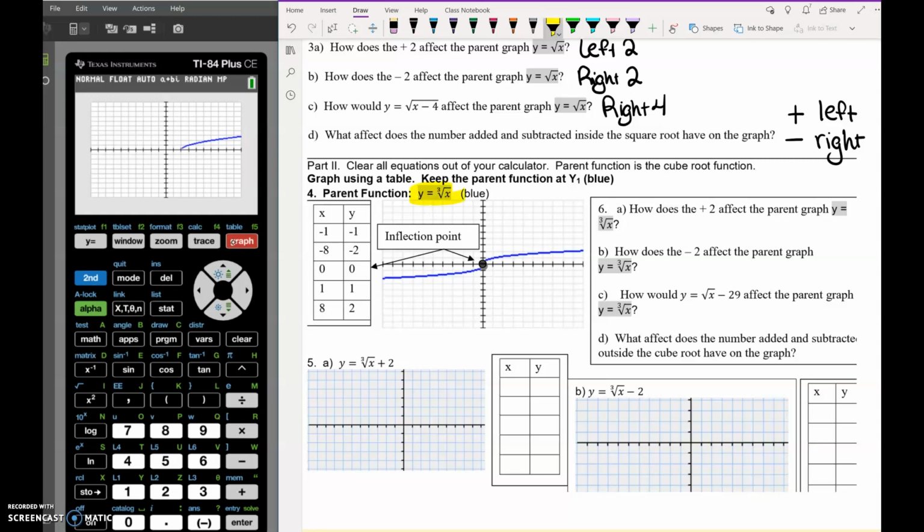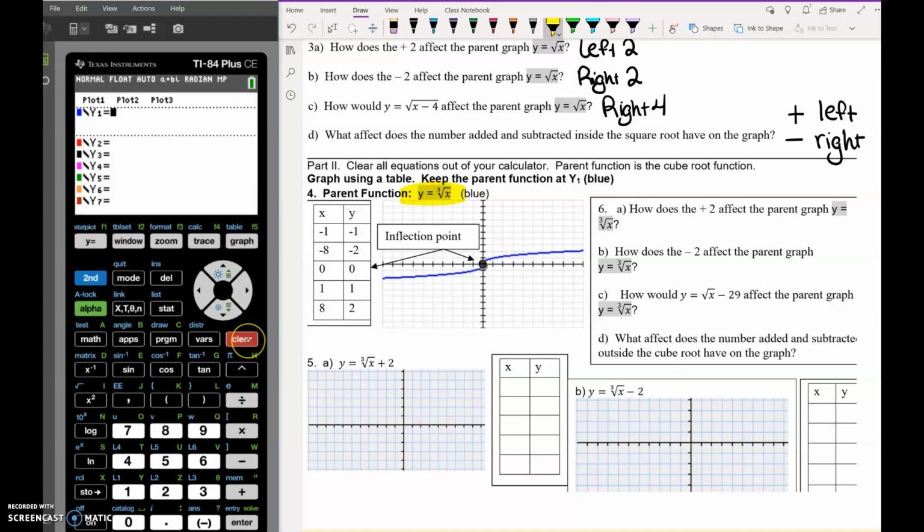That's where it changes from one part of the curve, it switches directions and makes that S. So in this one, we have y equals the cube root of x. Notice this time we are doing the cube root of x plus 2, and the plus 2 is not under the radical. So I'm going to do the cube root of x, get out from under the radical and then add 2. What do you think this is going to do to the graph? We've already done left and right, so up.